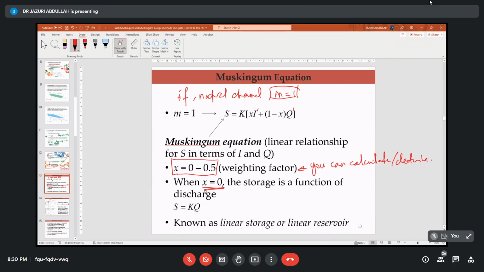So whenever you have X equal to 0, so this is 0 and this is 0. So at the end, you akan simplify into the equation. So you akan dapat S as a function of the K and Q. And then K you have to calculate and then you akan dapat as a linear storage or linear reservoir. So maksudnya forward relationship. So it's just a matter of your K.